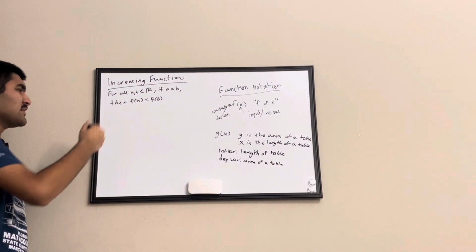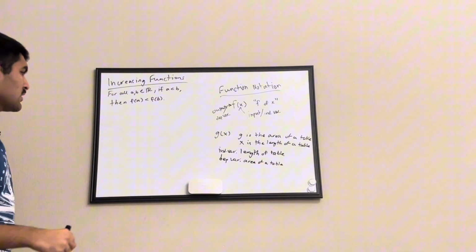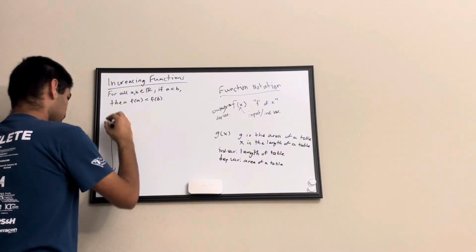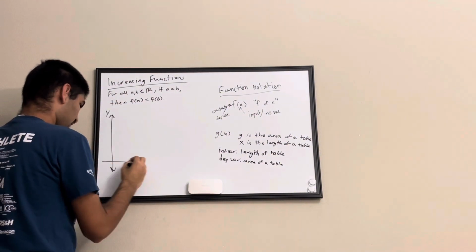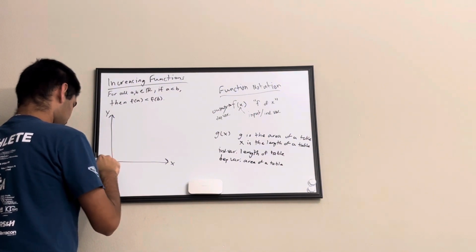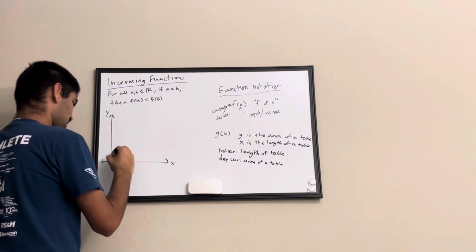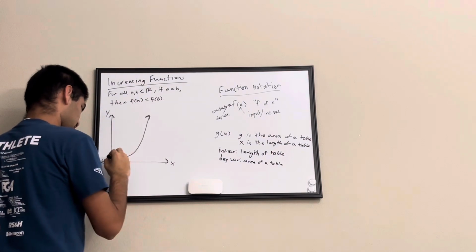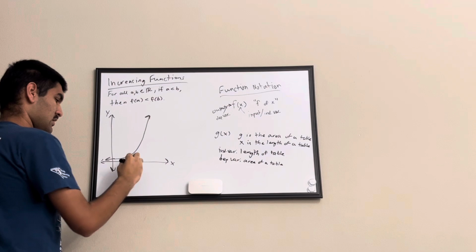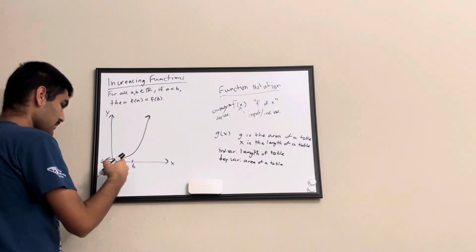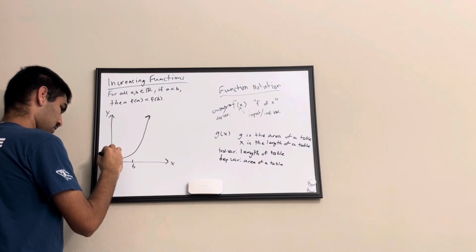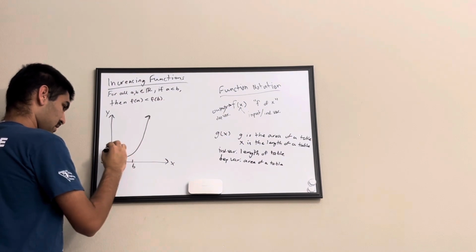To make this a little bit more clear, let's draw a picture. If we have a graph, and let's just say the function looks something like this, and this is our choice of a, and this is our choice of b, then f of a is roughly right there, and f of b is about right there.